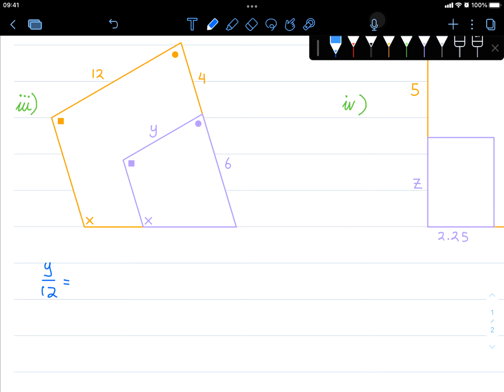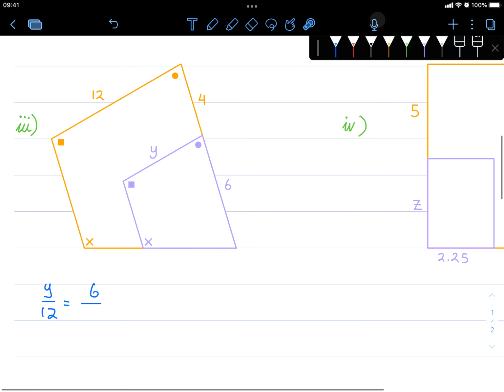So in this case, we need to pick another number found in the purple shape, which is 6 over, well, since it's Y over 12, and 12 is from the orange shape, we now need to find the corresponding side of 6 in the orange shape. Well, the orange shape is this entire length shown here, which is 4 plus 6.